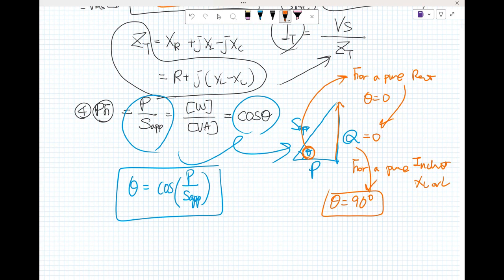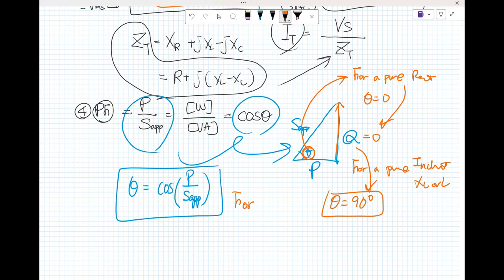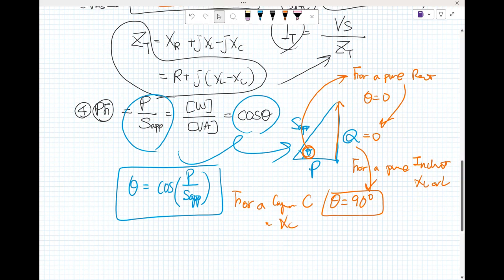But for a capacitor, C or X of C, I'm sorry, theta is minus 90 degrees.